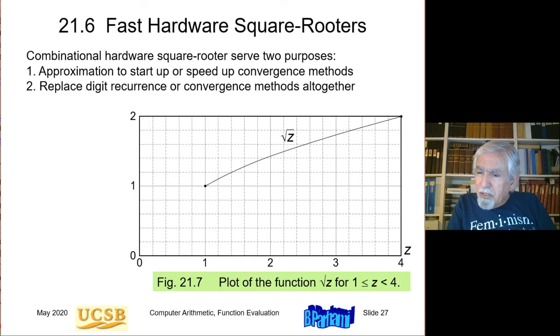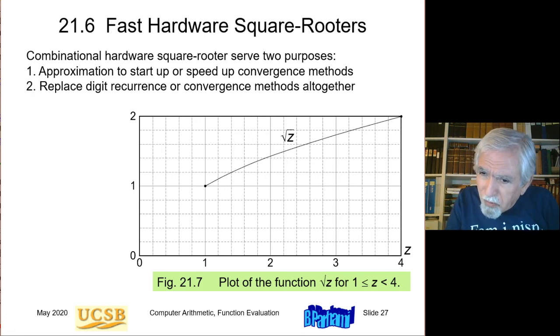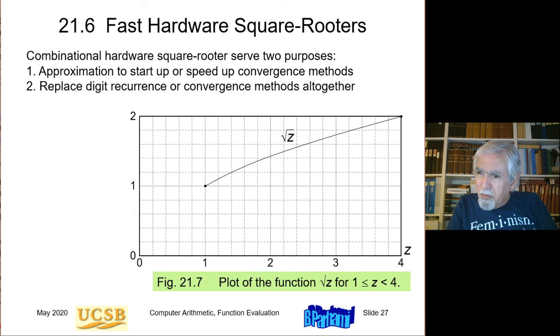There are also fast hardware square rooters that give you a reasonable estimate with very little investment in hardware. They're quite fast and energy efficient too. So this is the function square root of z plotted between 1 and 4, which is the range we need for IEEE floating point arithmetic.